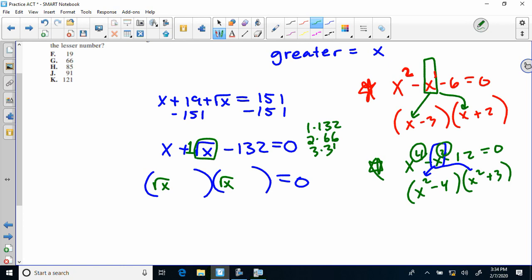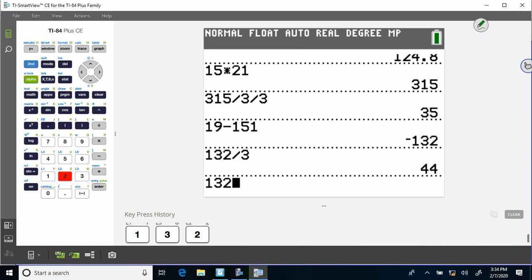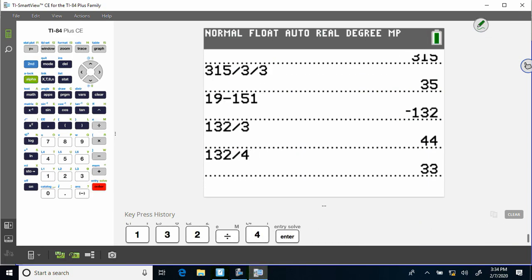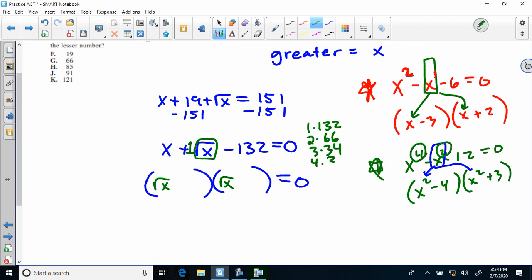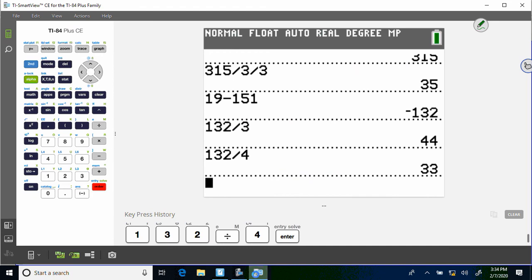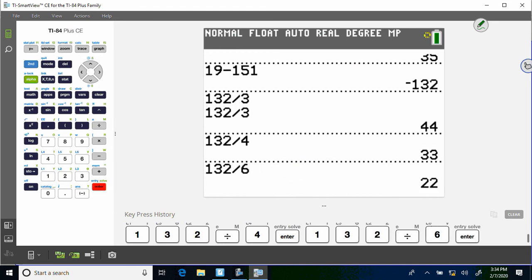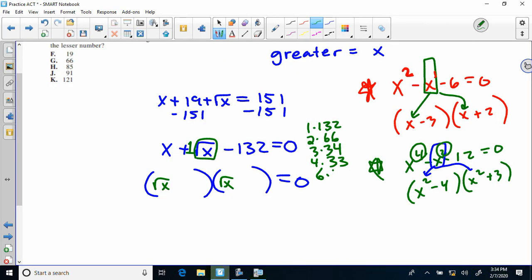So 3 and 44. 4 will go into that a certain number of times, so you're going to have 132 divided by 4, and it gives you 33. And I know some of you guys already know it instantly just looking at it, and that's okay. I'm trying to do it for those that don't know what they're doing. 132 divided by 6 gives me 22.